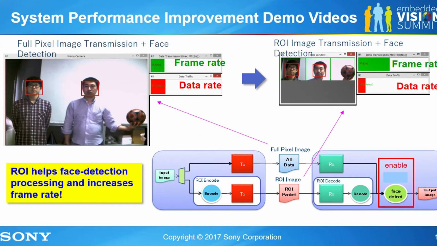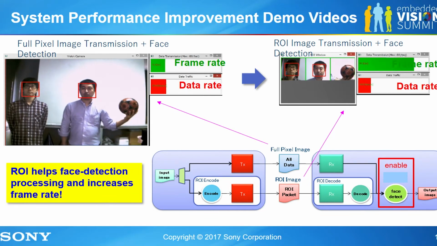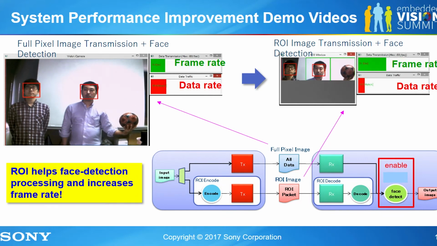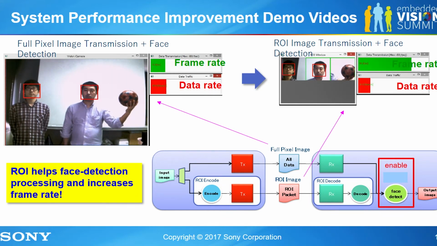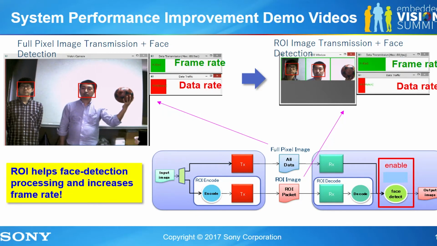The next one is kind of difficult. We have now enabled the face detection in the backend processor. So we have a face detection feature on the backend side, and those features will be helped by the smart sensor ROI.